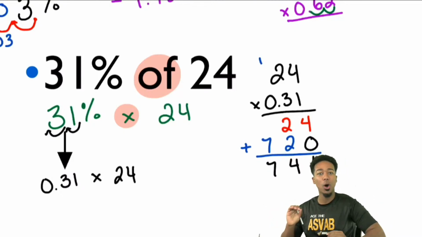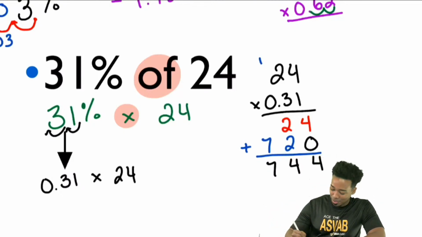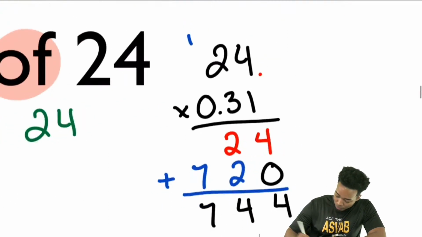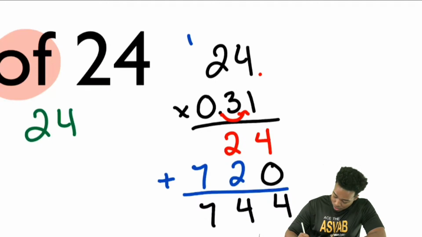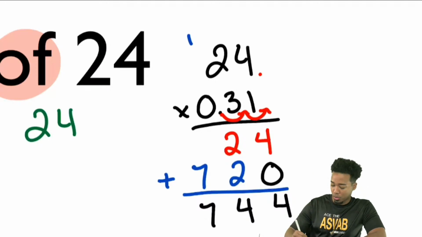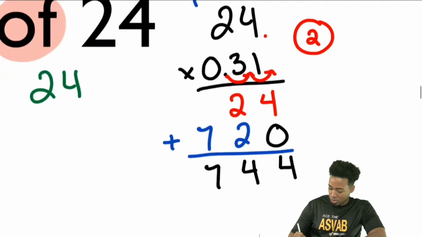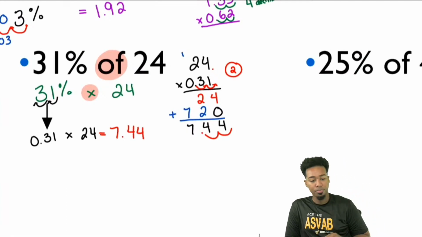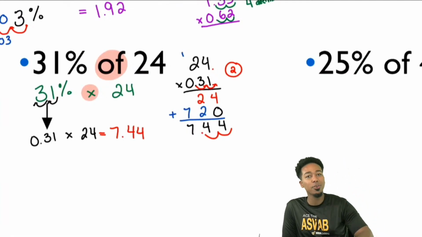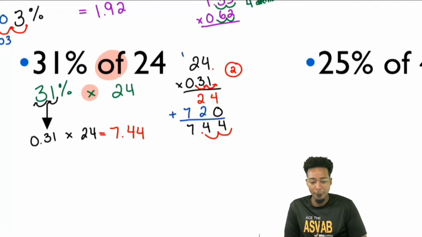But that's not what you're always going to be doing. You need to count the decimals. So if you look at the 24, you have no decimal places. The 31, 1, 2. 2 total decimals. So we'll go 1, 2, boom. And so the answer is 7.44. Is this making a little more sense for some folks here? Good.